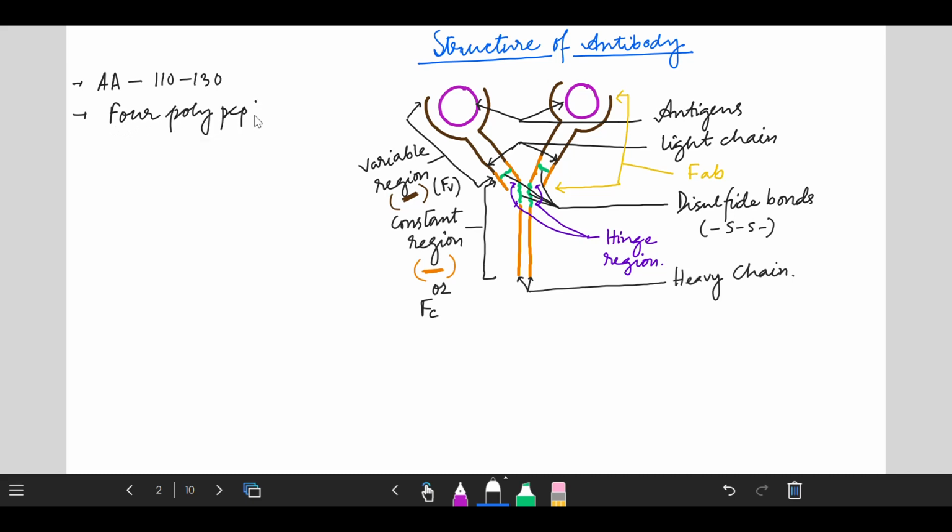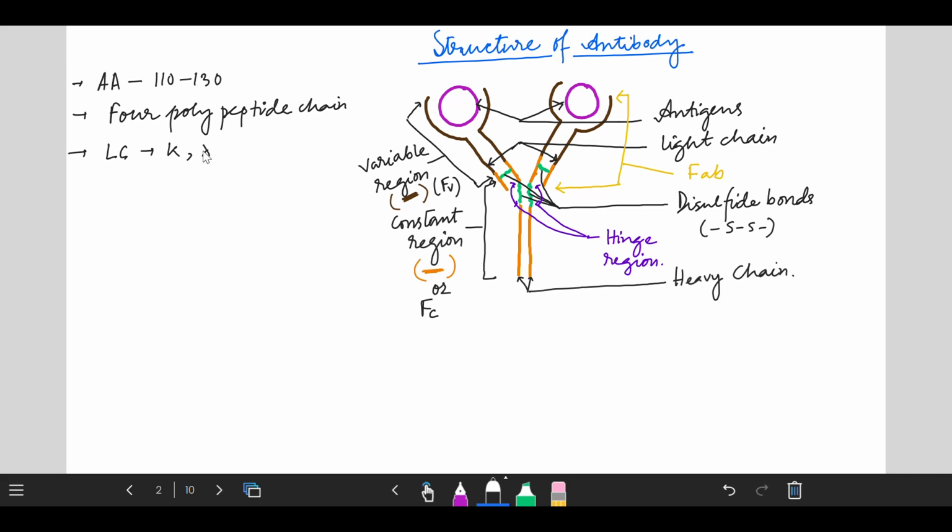You can see here I have denoted 2 light chains and 2 heavy chains. These polypeptide chains are the main composition of antibody. In humans, the light chain can be one of 2 classes: one is kappa and the other is lambda. Both of these light chains have 2 domains: one is the constant domain or constant region, and the other is the variable domain or variable region.